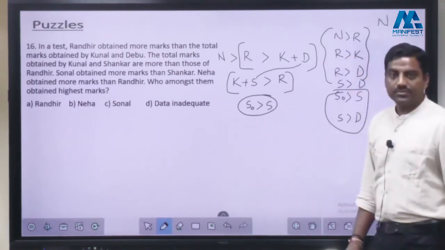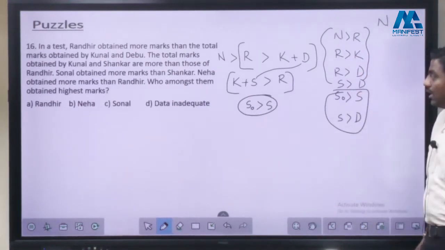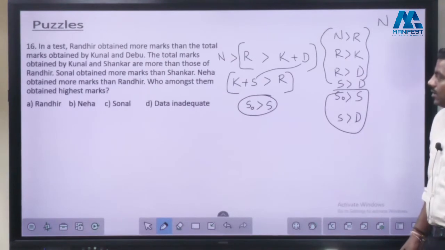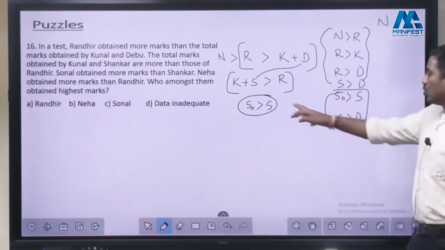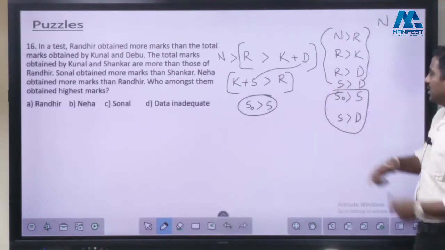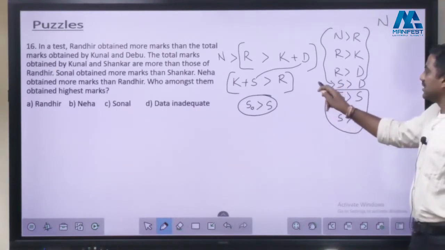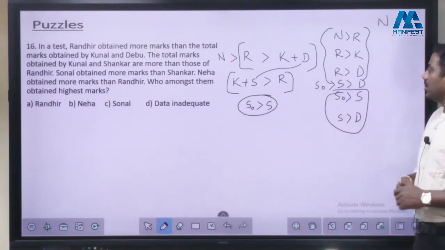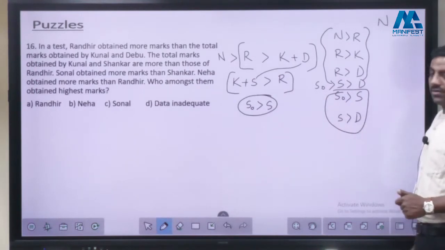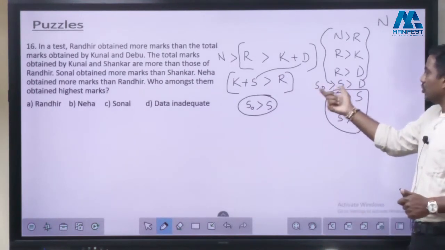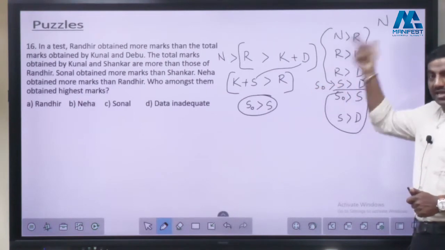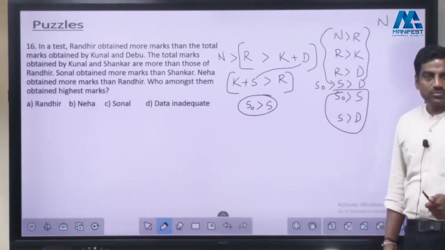But look at this. Sonal obtained more marks than Shankar. I can put it like this. But can you restrict Sonal only here? Sonal can score more than Neha also, no?